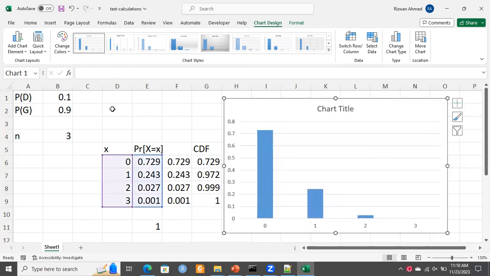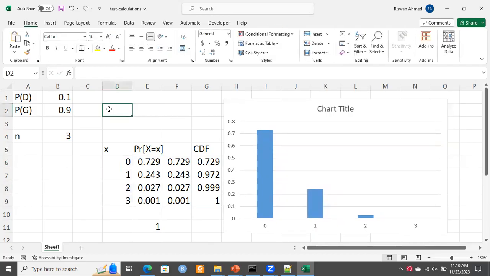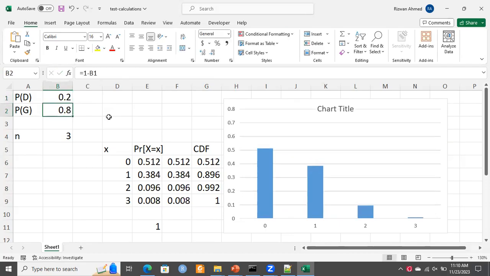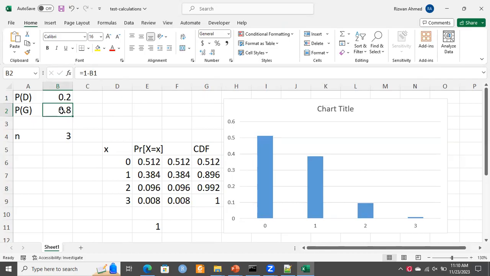And now the beauty of doing things on a computer: if the probability of defectives is higher, say 0.2, everything will be changed. Everything will be automatically taken care of. So first, the defective probability was updated, and the good probability as 0.8. The number of trials is the same, and the probabilities are computed and updated.